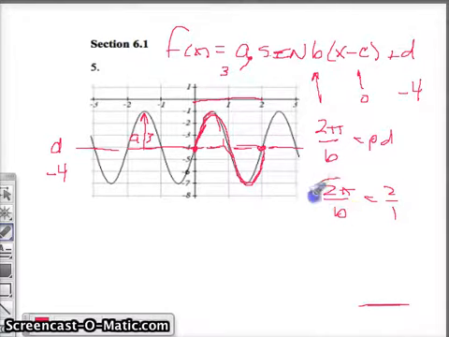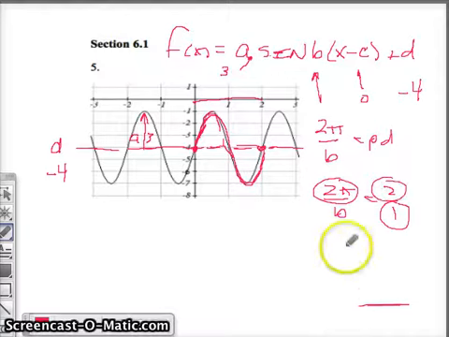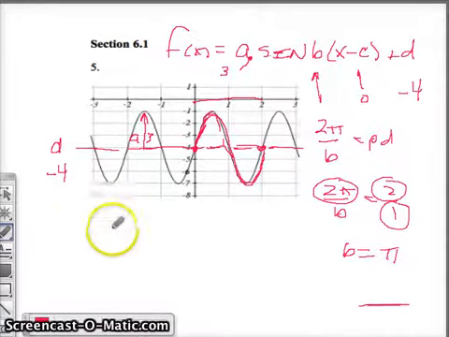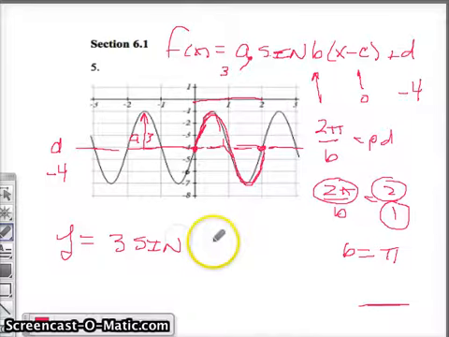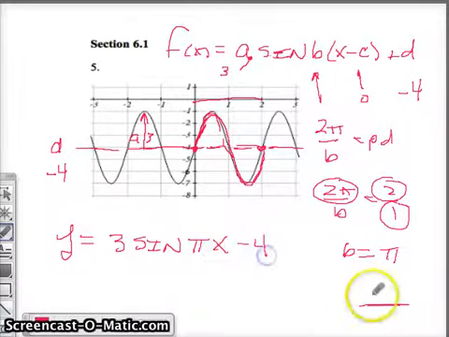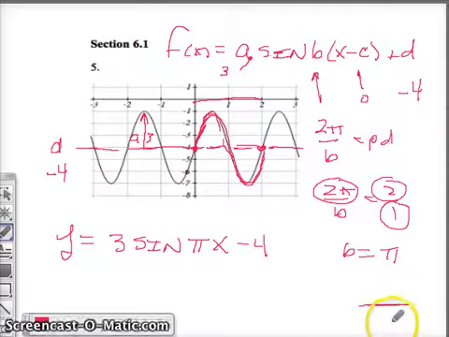I would just cross multiply. 2 pi times 1 is 2 pi divided by 2 is pi. B is equal to pi. So to find the answer to that question, I like to use a y. Y is equal to 3 sine of pi x minus 4. Yeah, that's a good little problem to do.